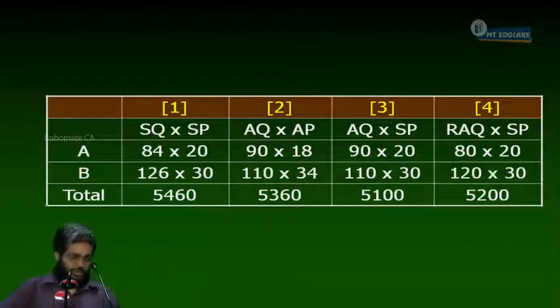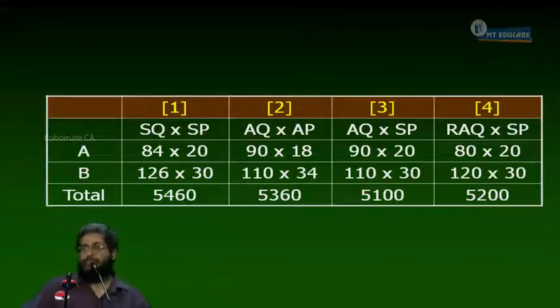When we use more proportion of cheaper raw materials, the mix variance will be favorable, and vice versa.